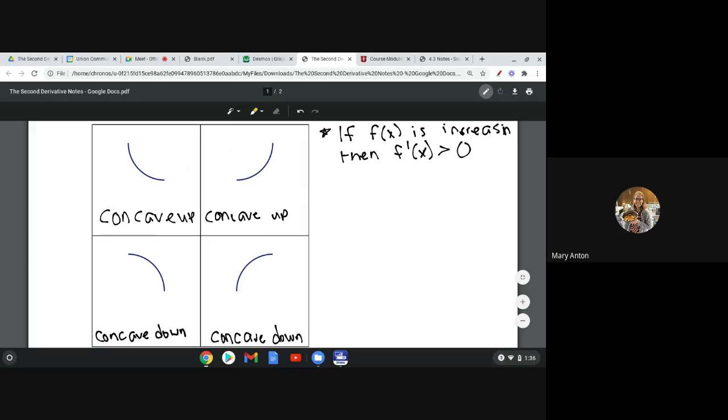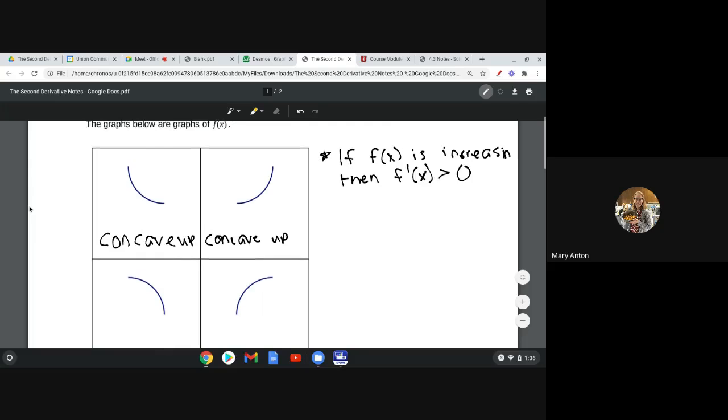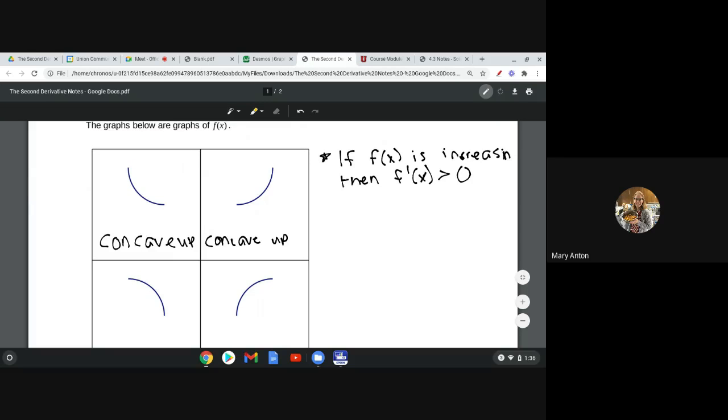Which of these 4 graphs are increasing? Which of them have derivatives that are larger than 0? I have a vote for the right 2. Yes. A bunch of people second that. So can I title this column? This is going to be when our derivative is larger than 0. That's for the whole column. That makes sense.